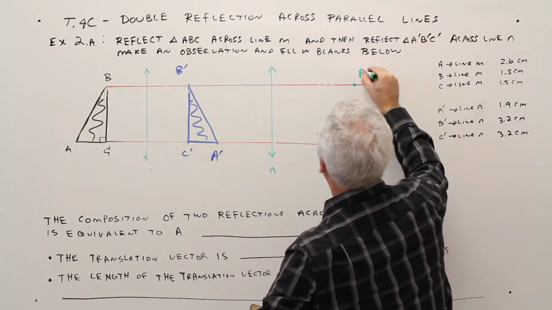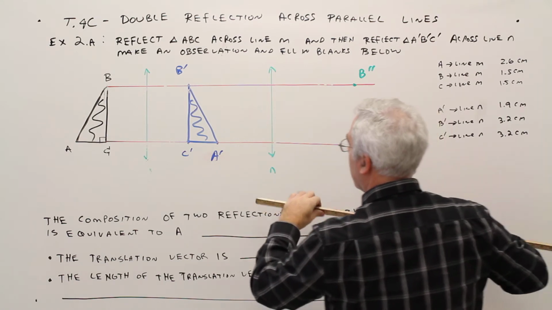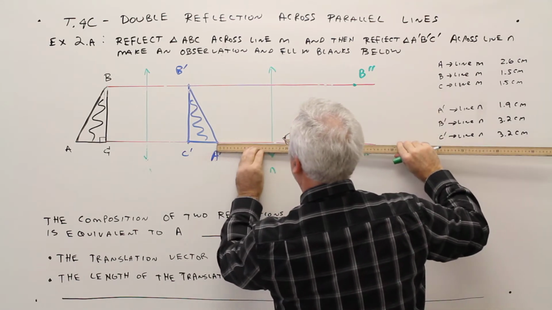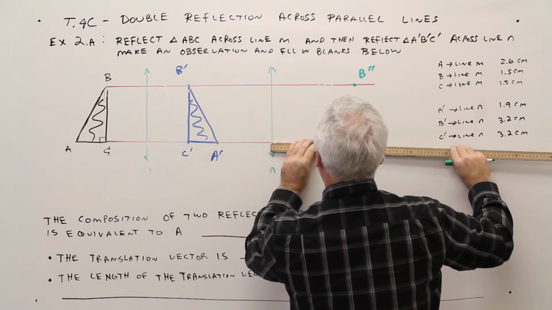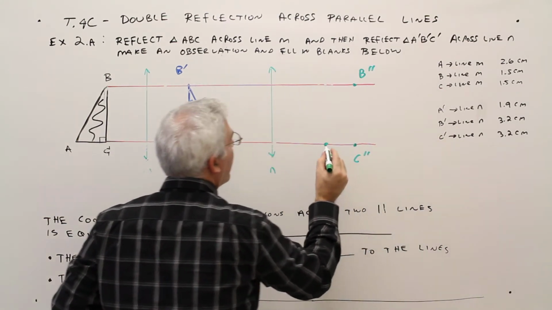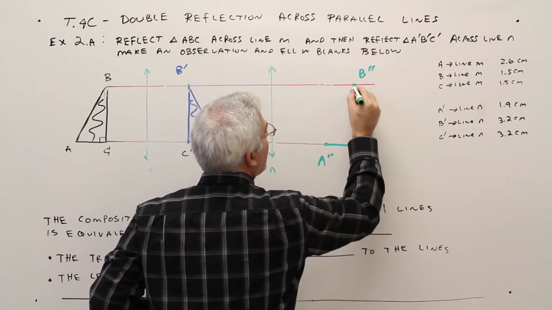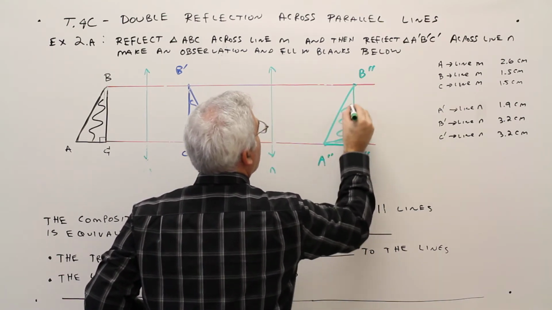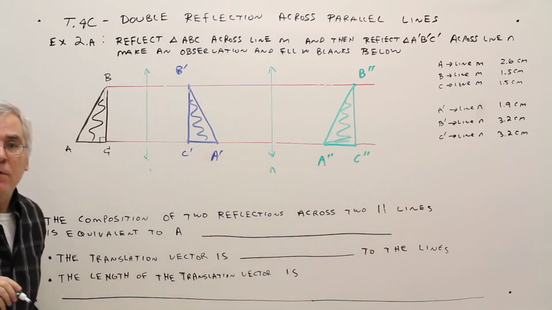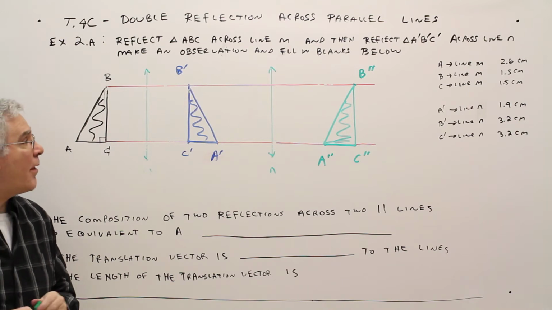So this is my B double prime. This is my C double prime. I'll measure this one over here. I get something like that. This would be my A double prime. And again, just connect the dots. Okay, so we have performed our double reflection across parallel lines.